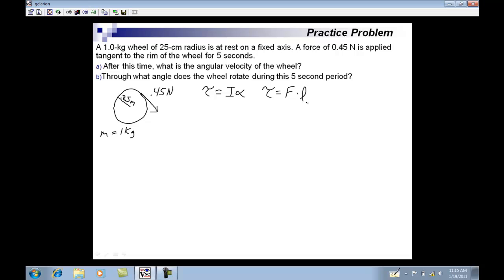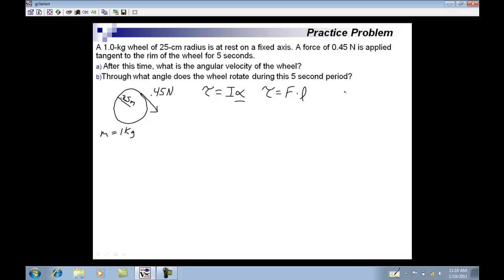To solve this problem, I need to solve for the angular acceleration, so I set these two equal to each other.